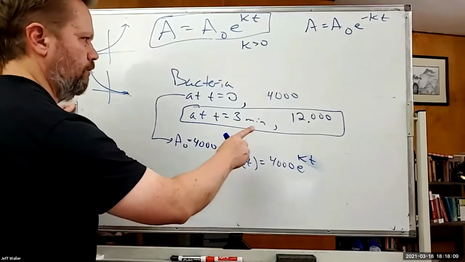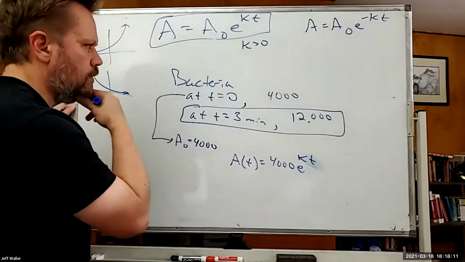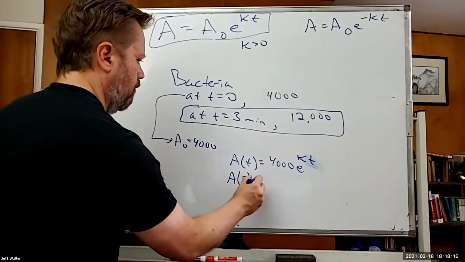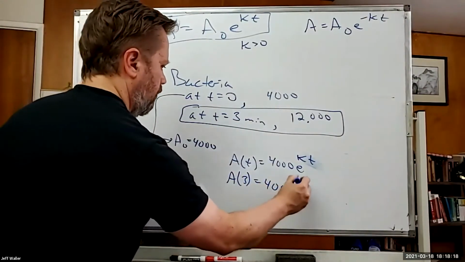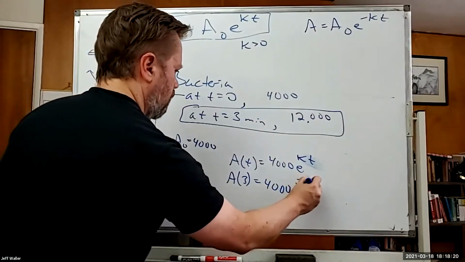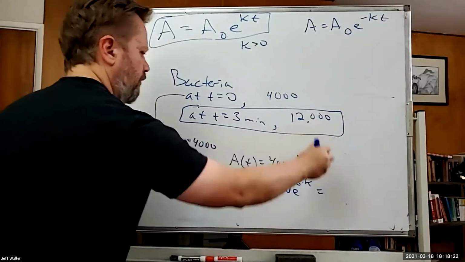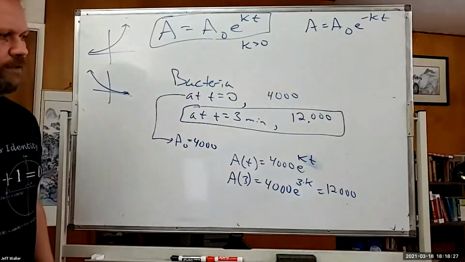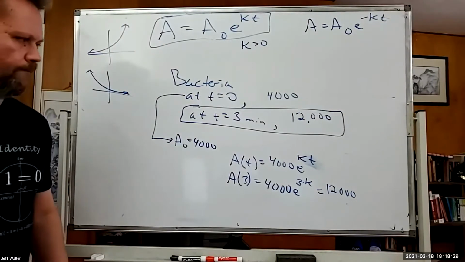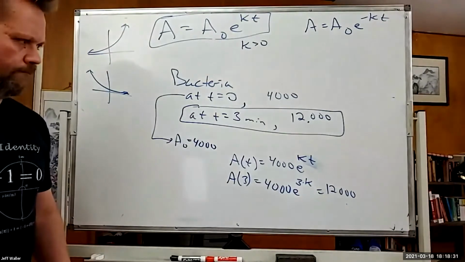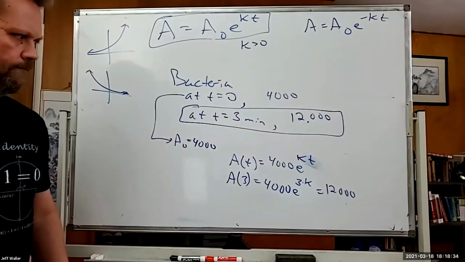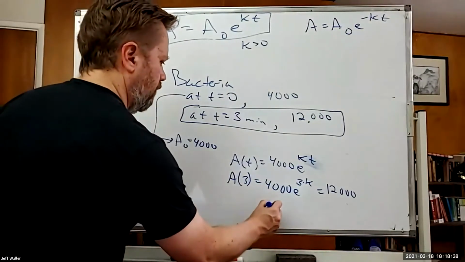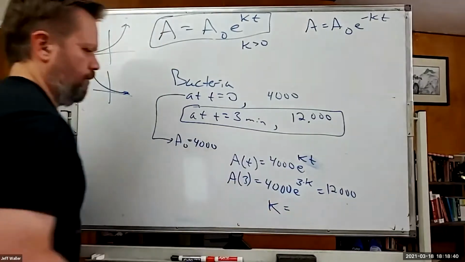So let's see. Let me catch up to you guys. So after 3 minutes, so I put a 3 in here, I should get 12,000. So now I just got to solve that for k. So what do you guys get for k?